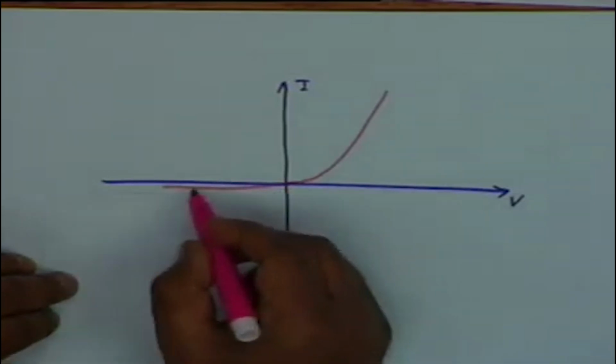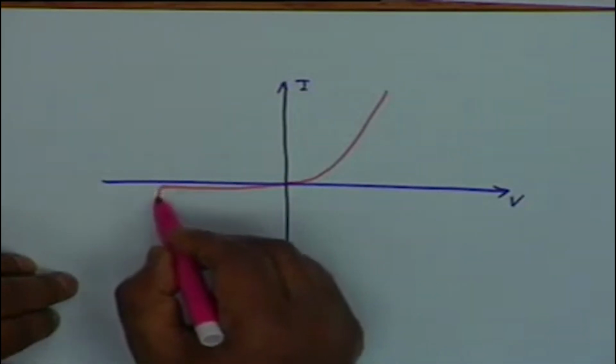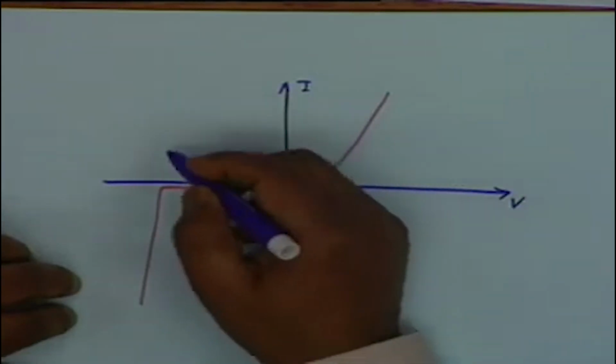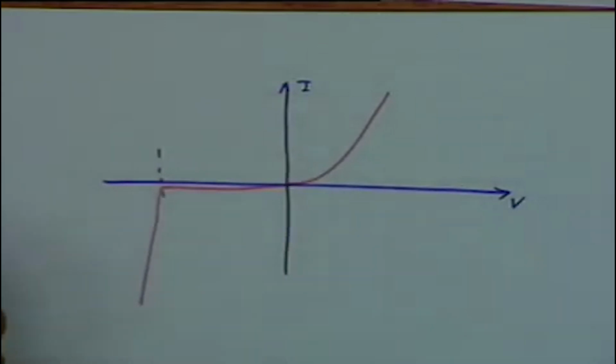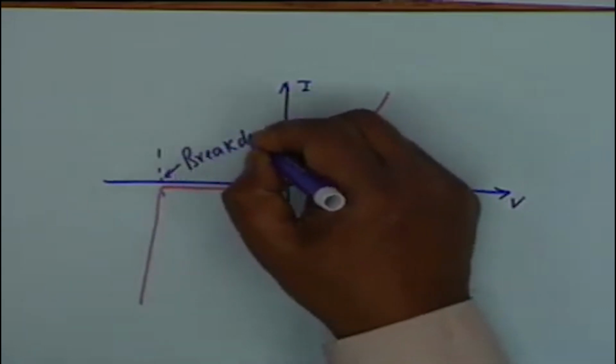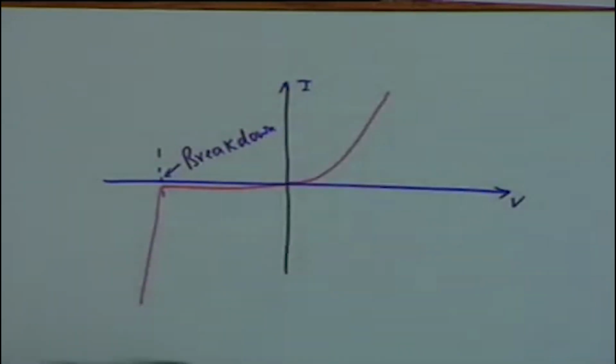It becomes almost constant, and then suddenly at some point on the reverse voltage, the current starts increasing drastically as the voltage is increased. A very small increase in reverse voltage causes a very large increase in current, and this is called the onset of breakdown. That is, it is as if the diode cannot resist any further, it breaks down.